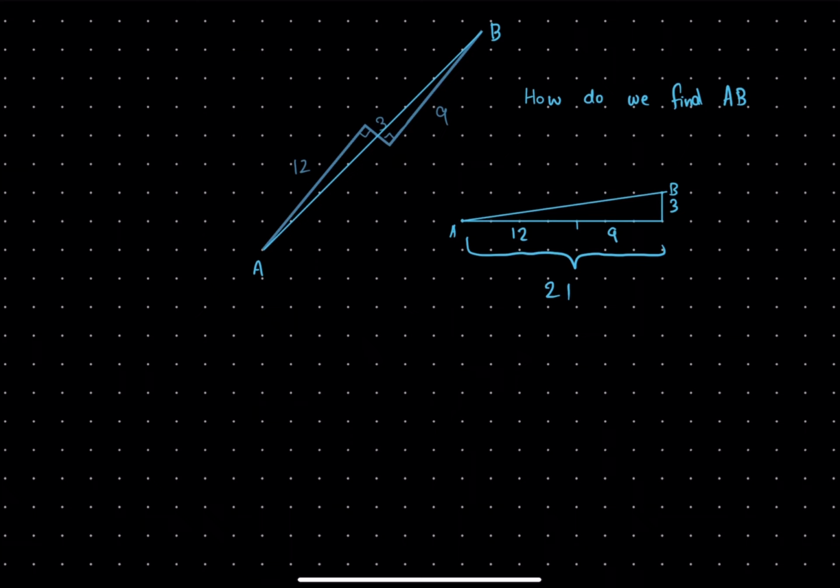And if we use the Pythagorean theorem, it states that x squared plus y squared gives us z squared. So over here, our x is 21, our y is 3, and our z is AB.